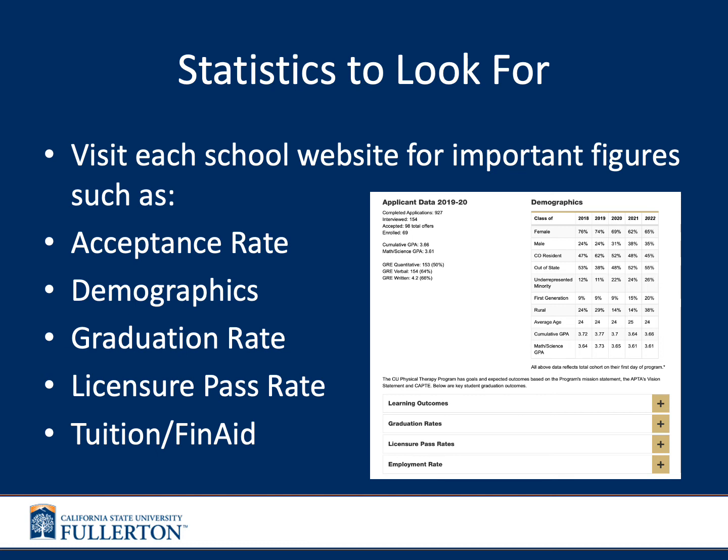What is their licensure pass rate? Meaning after they've graduated, how many people from that class actually pass the licensing exams? What is the tuition and financial aid options? Et cetera, because these are some of the really big factors that might help you in your decision.